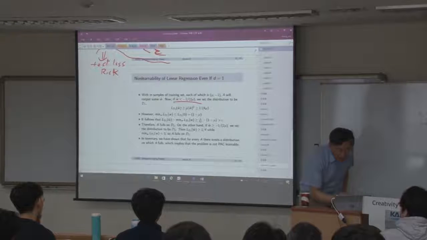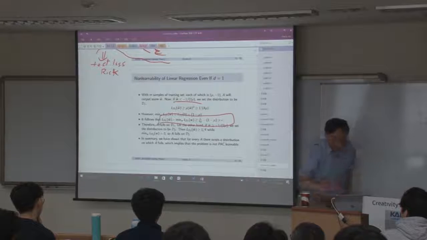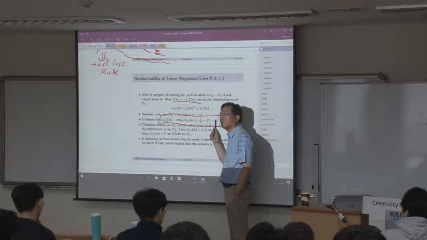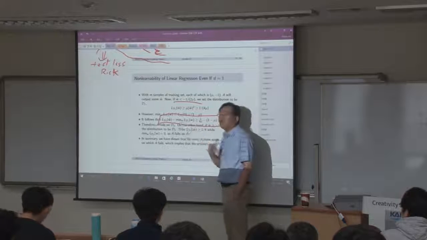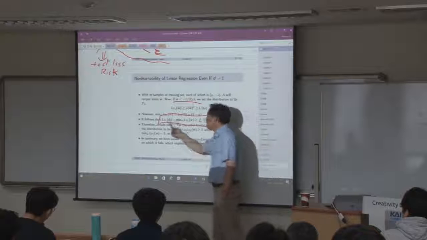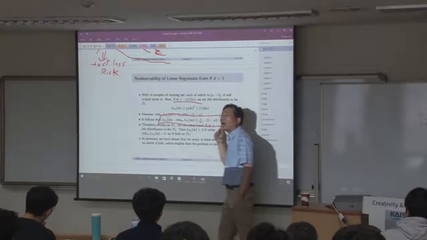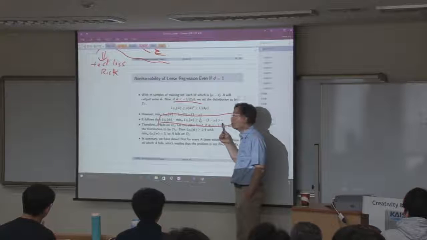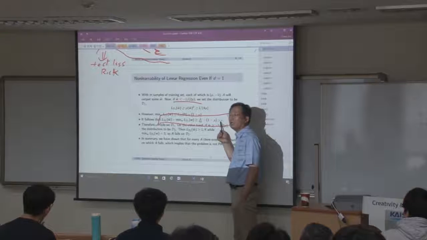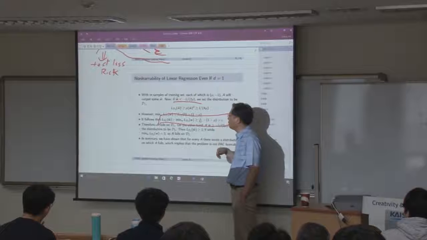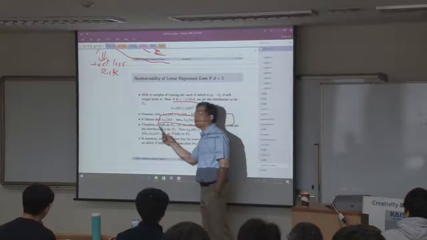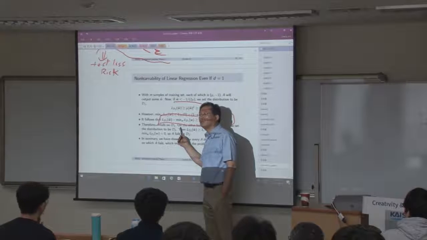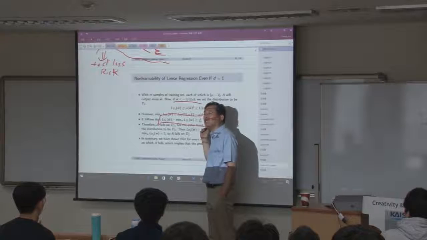So what is this saying? If it's PAC learnable, this has to be bounded above by epsilon. But it's at least epsilon, so my algorithm fails, because I can't make this thing less than epsilon.